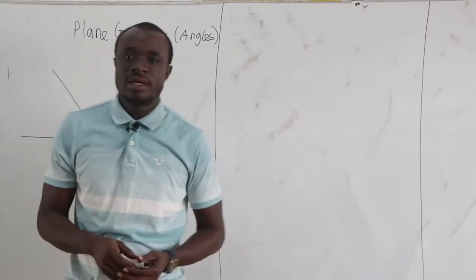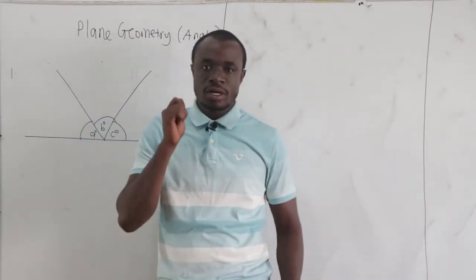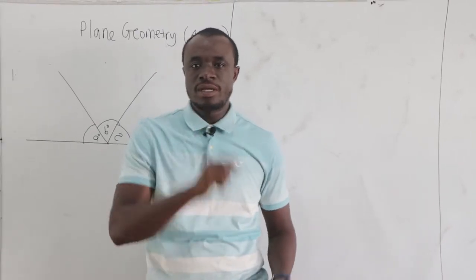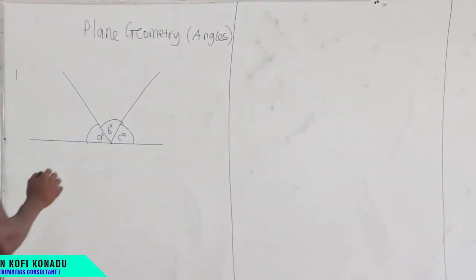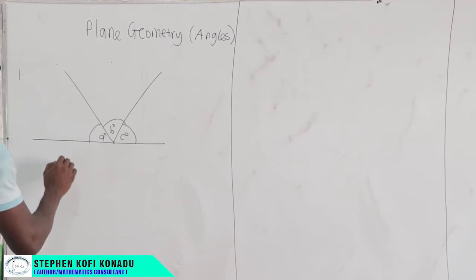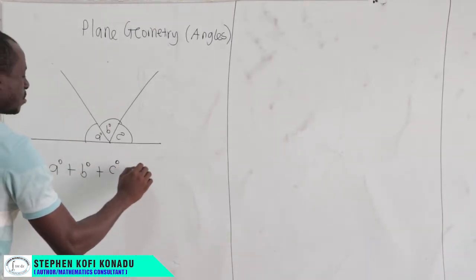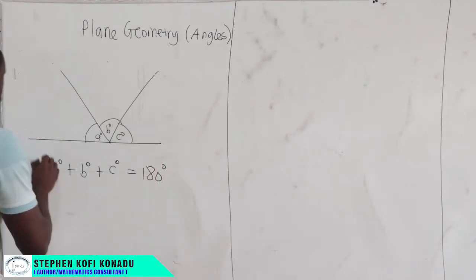Now we are saying that the sum of angles on a straight line at a point is equal to 180 degrees. So all that we are saying is that A degrees plus B degrees plus C degrees is equal to 180.